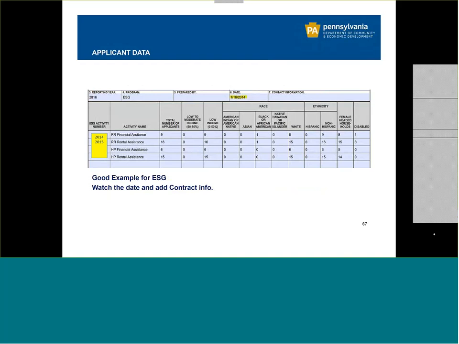In this case, it appears that they served everybody, all the applicants. But you may have people that aren't eligible, that aren't really homeless, that apply, and that you later say they're not eligible for this. But you're counting them in applicants.